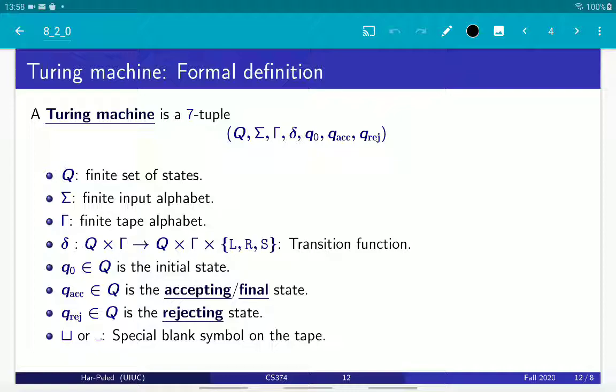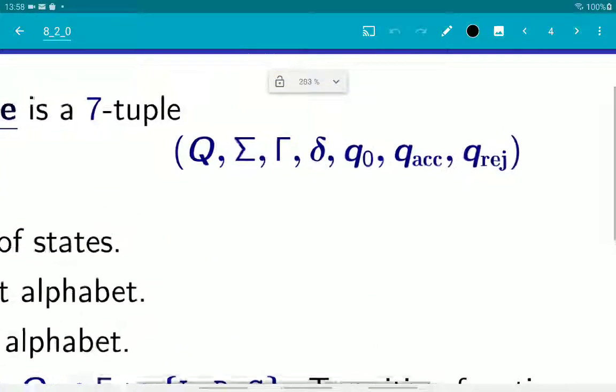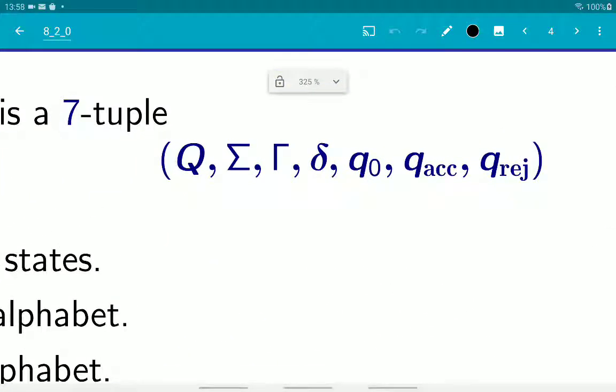I'm sure you were waiting happily and anticipating this exciting new definition. So it's the usual tuple nonsense. Let's go through the stuff. Don't worry too much about all of it. You have a set of states.